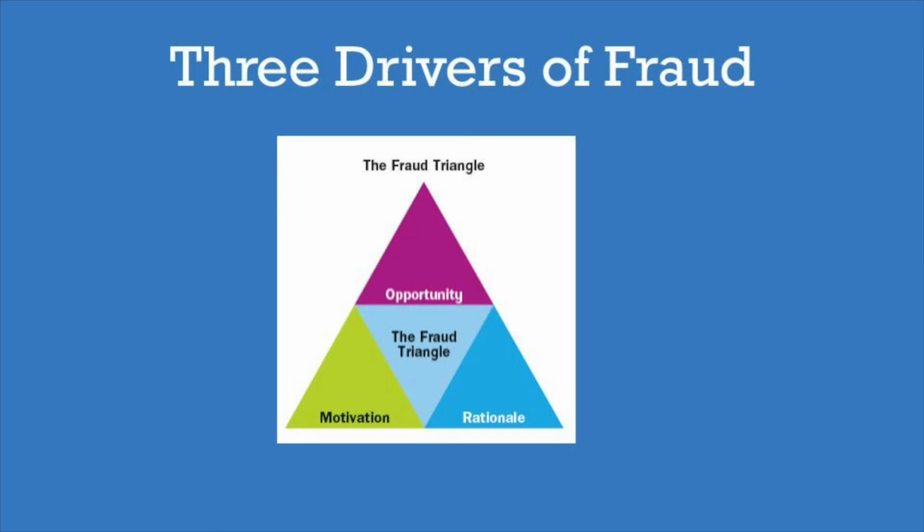Fraud is a big thing in all businesses. We're all concerned about loss. And what does fraud really require for it potentially to happen? Well, first there has to be an opportunity. So if we reduce opportunities for fraud, that will help us protect ourselves. Rationale. Is there a reason people would steal from us?